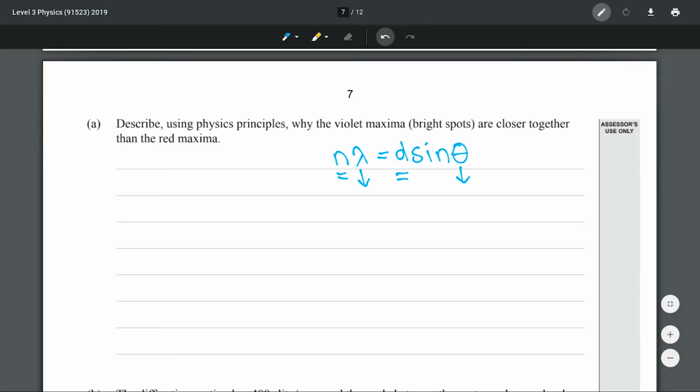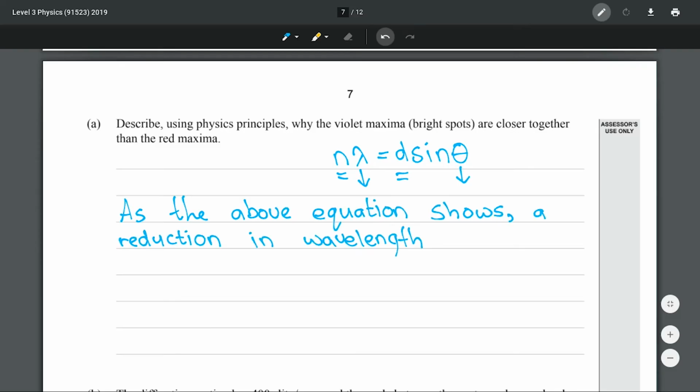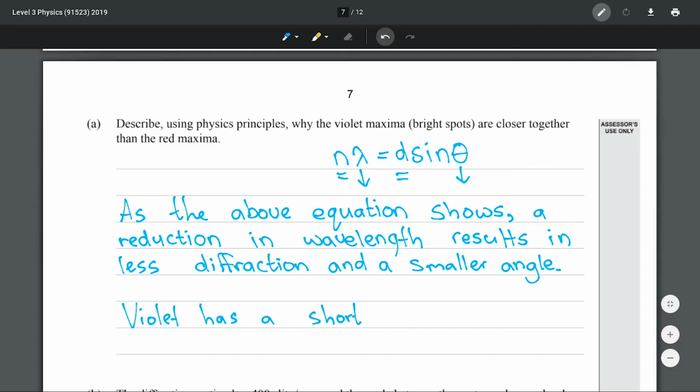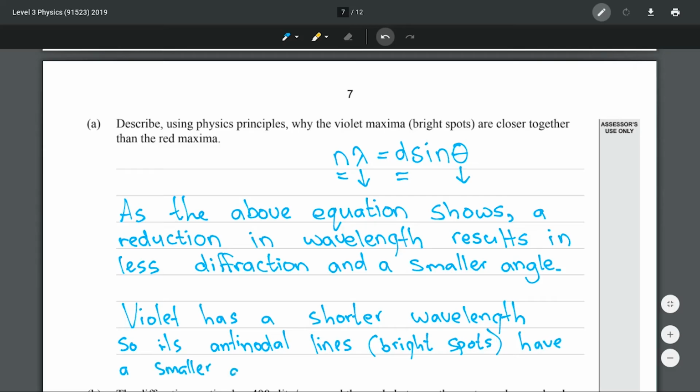Of course, sine is a little bit more complex than that, but this simplification at least works for this purpose. So let's put that into words. As the above equation shows, a reduction in wavelength results in less diffraction and a smaller angle. Violet has a shorter wavelength, so its antinodal lines, bright spots, have a smaller angle between them.